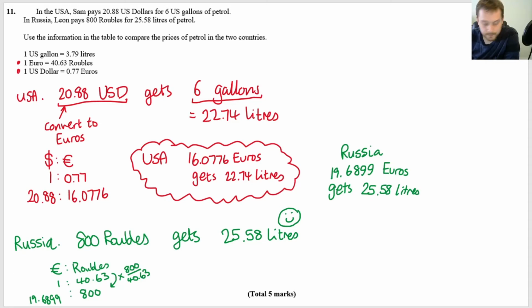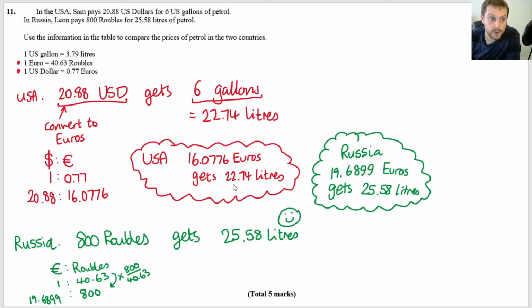Let's get rid of that. And so actually, it's not immediately obvious because look, it's fewer euros, but for less petrol in the USA, and it's more euros, but you do get more petrol. So we actually have to be able to fairly compare these.